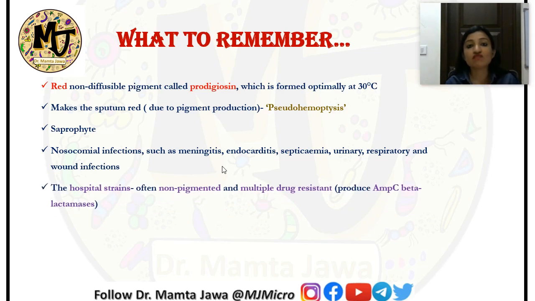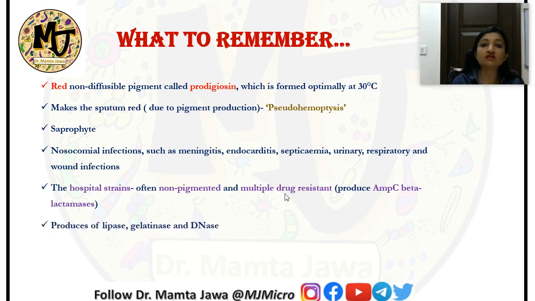Now, the other important fact about its pigment is the hospital strains. Remember, it's mostly going to cause infection in hospitalized individuals, but these strains isolated from hospitalized patients are often found to be non-pigmented and unfortunately multi-drug resistant because of the production of AmpC beta lactamase enzymes.